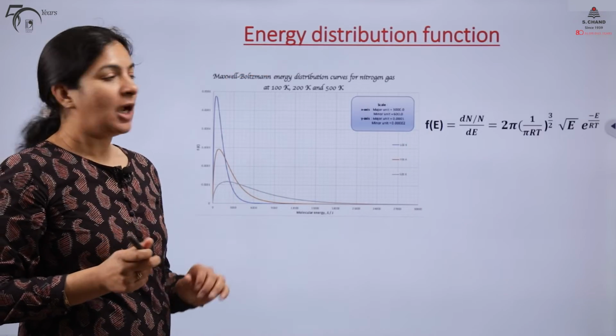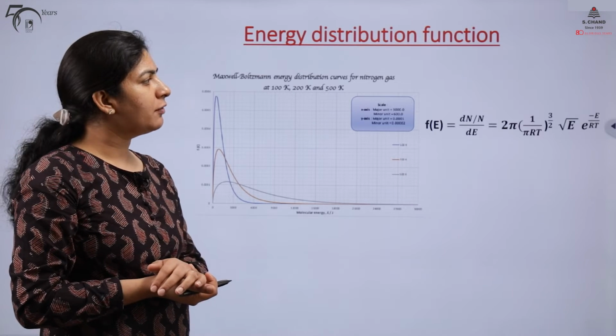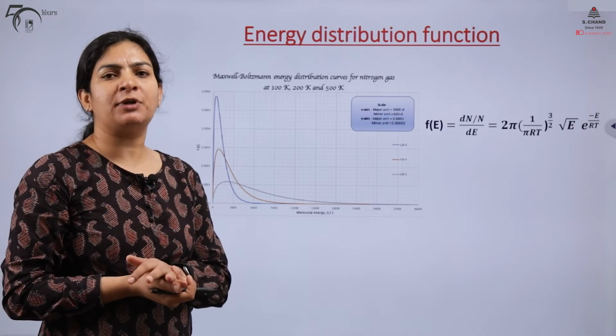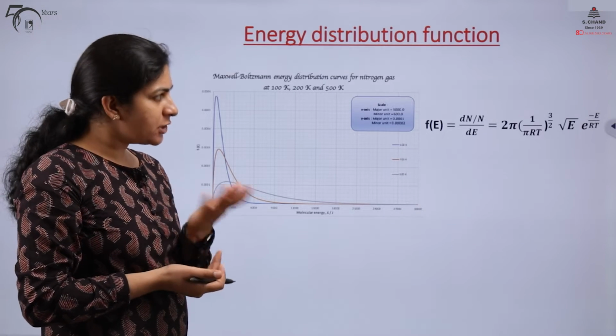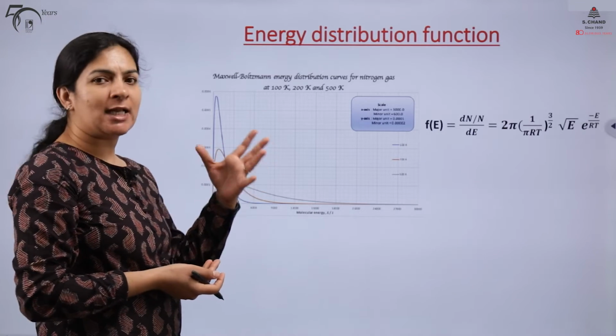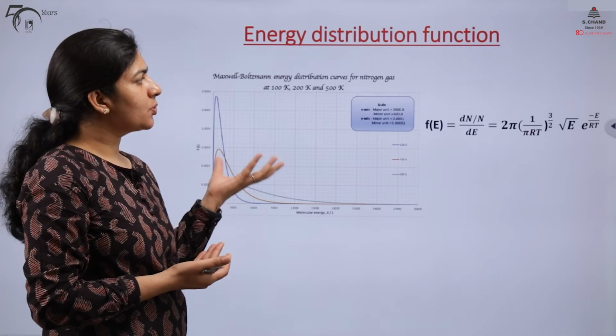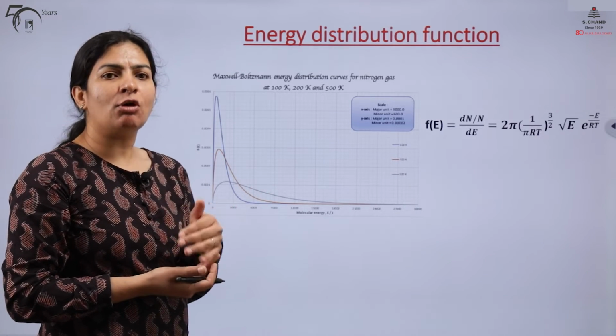Now, after having understood the distribution of molecular velocities and the effect of temperature on the distribution, we can convert that distribution function, or have the Maxwell distribution, in terms of energy.